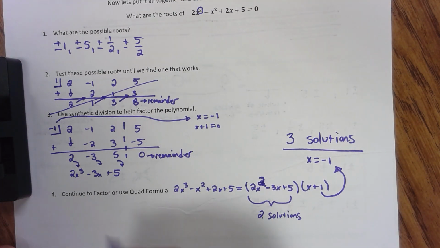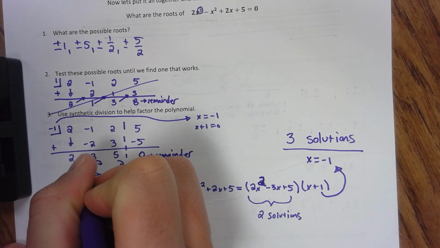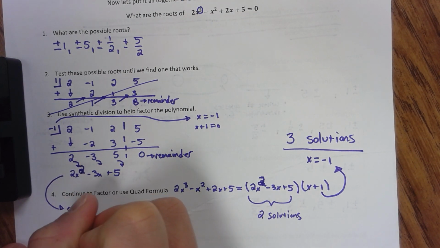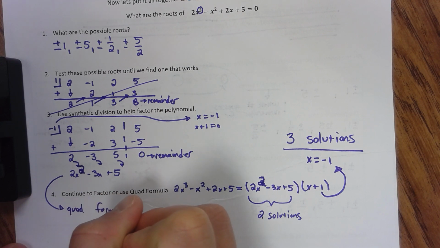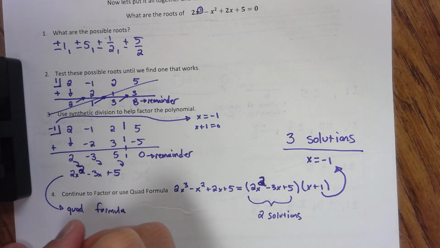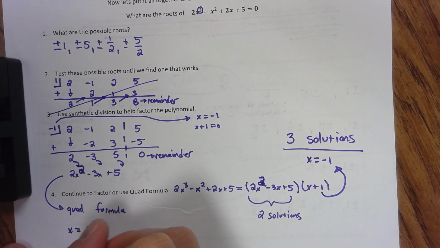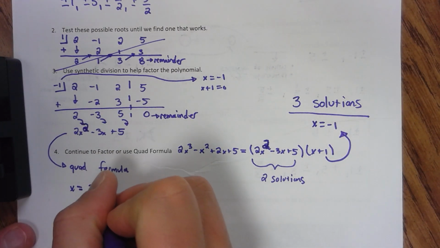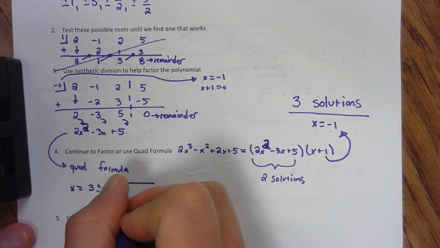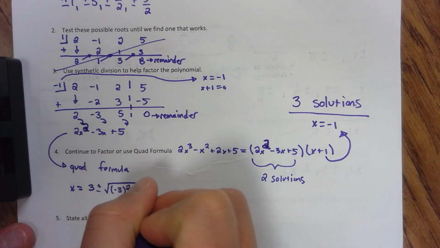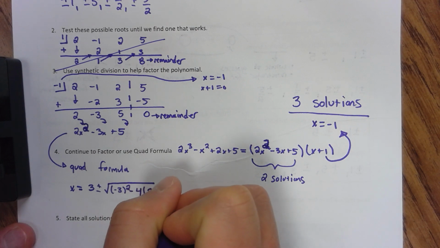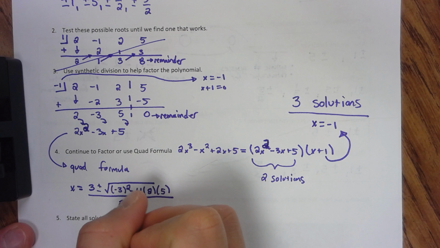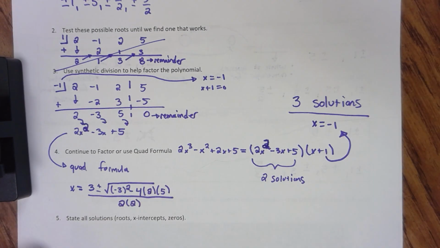Okay, so we're going to use quadratic formula with the result from this division. So we're going to go quad formula. And that's x equals negative b, so that's positive 3, plus or minus the square root of b squared, so negative 3 squared, minus 4 times 2 times 5, all over 2 times 2.